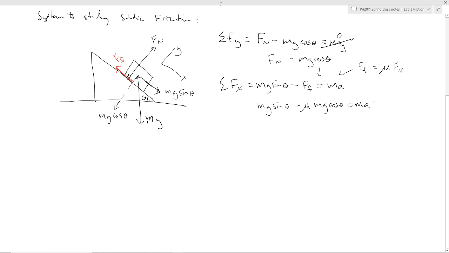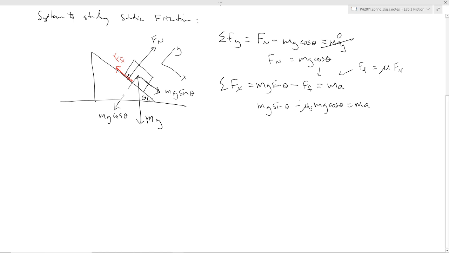Now, one detail. For lab, we're not talking about the case where it's moving. We're just talking about the case where it's stationary. So that will be mu s for static friction.